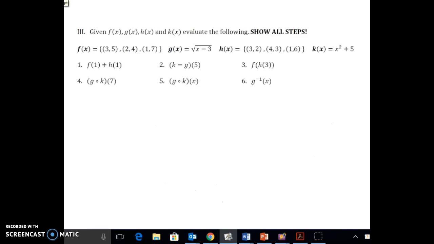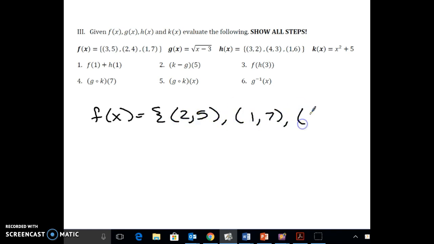All right, section 3 is all about composition of functions. For example, if I have f of x as the coordinate points (2, 5), (1, 7), and say (3, 0), and I want to know what f of 1 is.